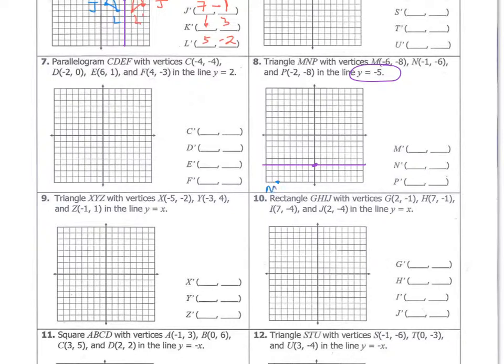So there's M. N. So there's our image. You go ahead and reflect it up equal distances. And then name the ordered pairs. And I'll try to do it quietly.